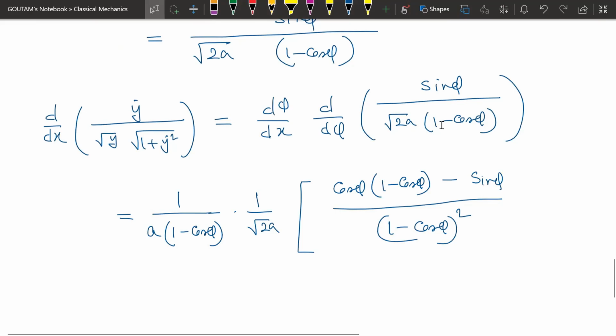So derivative of 1 is 0, and derivative of cos phi with respect to phi will be minus sin phi. There is already a minus, so it will be minus minus plus. It will be sin phi, which will be sin square phi. And this minus is coming because of the formula, the derivative of some function by some function, so there will be a minus sign.